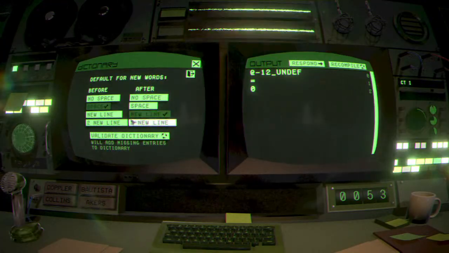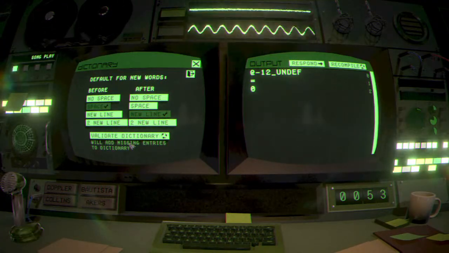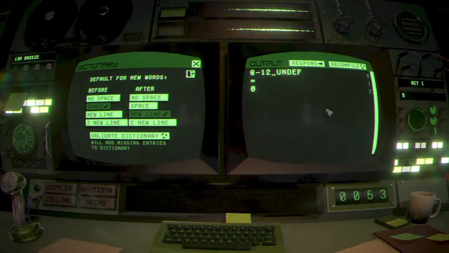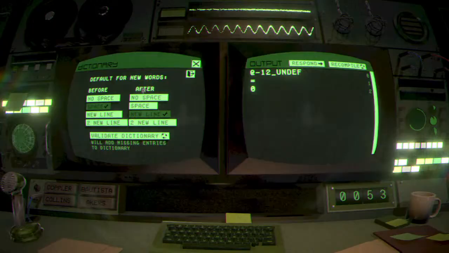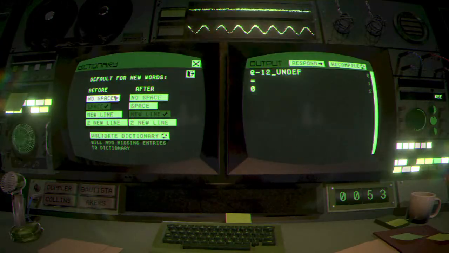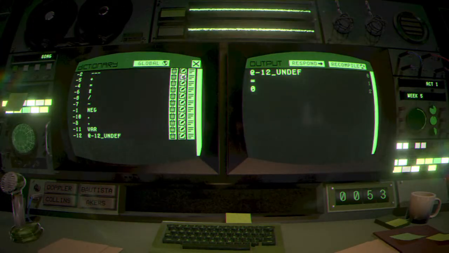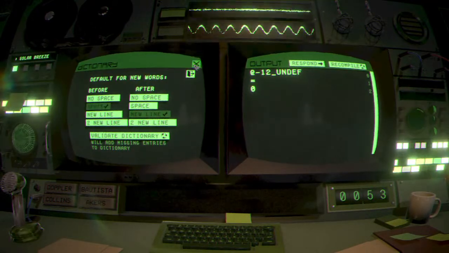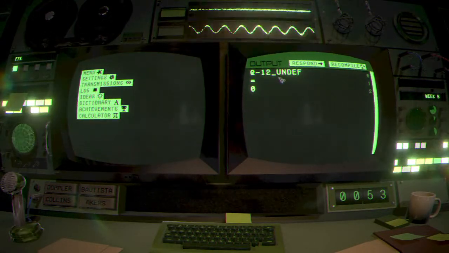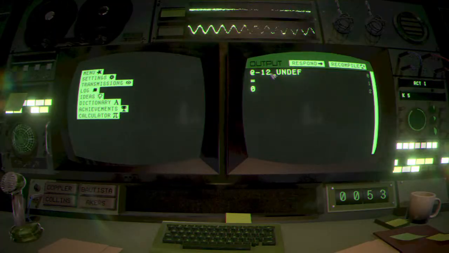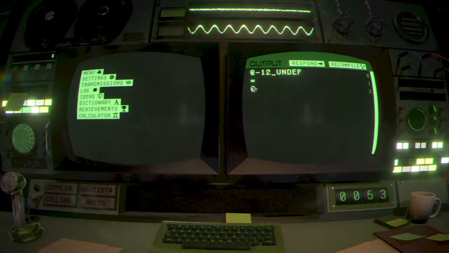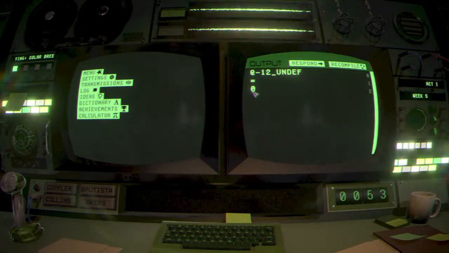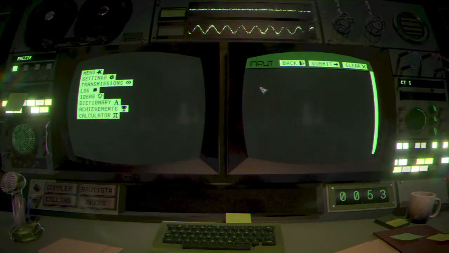This means. Let's recompile, see what happens. Default for new words. I'm just gonna leave it alone. Well, anyway, so it's saying that this is equal to 0. So what is it asking me? I'm just gonna put 0, I guess.